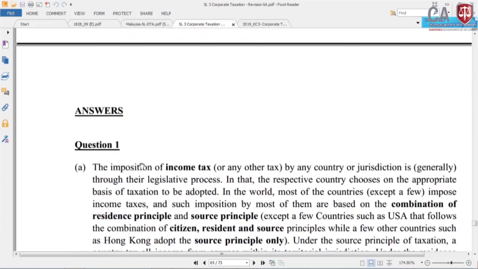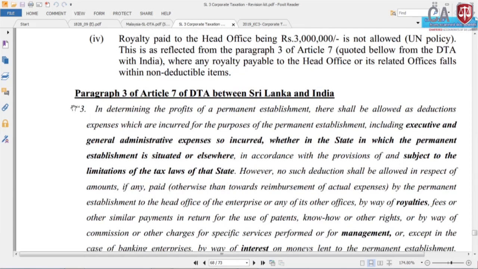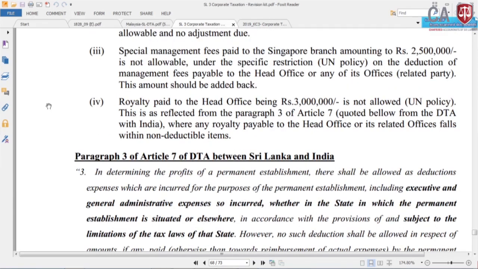Okay, come to the answer. The fourth one, royalty paid to the head office being 3 million rupees, is not an allowable deduction. This is reflected from paragraph 3 of Article 7, quoted below from the DTA between Sri Lanka and India, where any royalty payable to the head office or its related office falls within the non-deductible items.